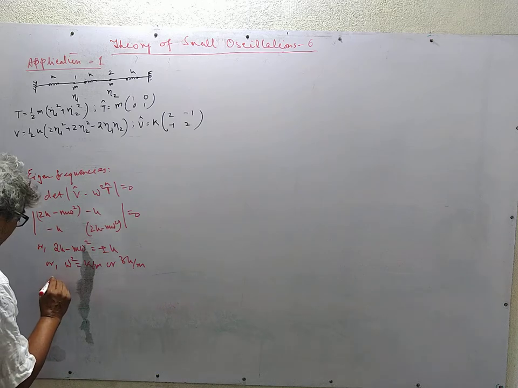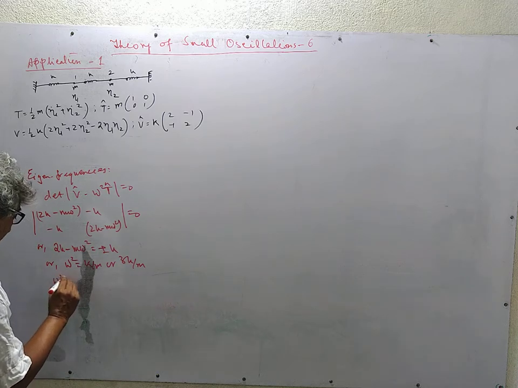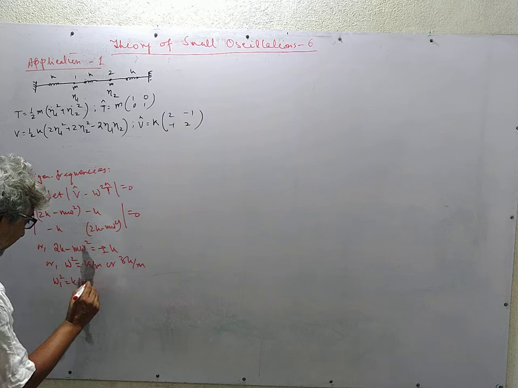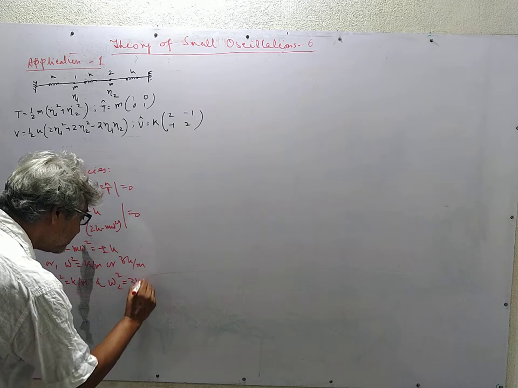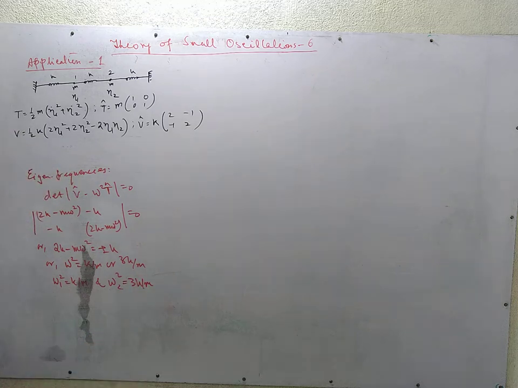We call omega 1 square equal to k by m and omega 2 square equal to 3k by m. So these are the eigenfrequencies.